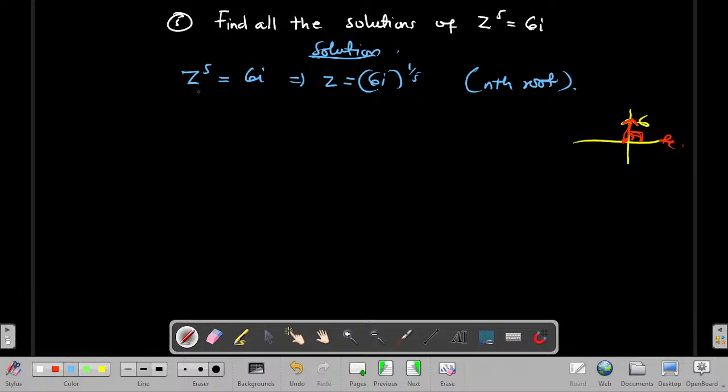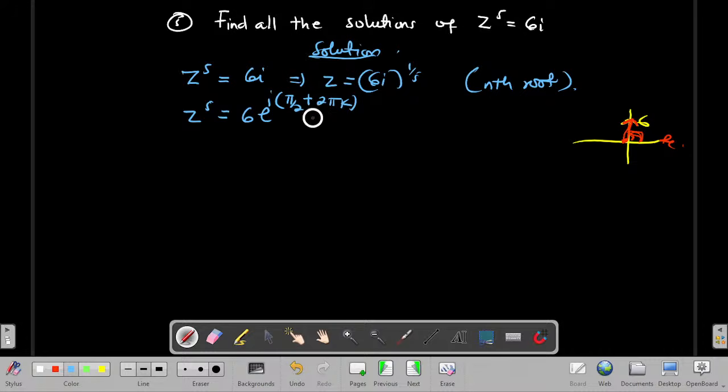So I have z to the power 5 is equal to 6 e to the power i, the angle is 90, so we say pi on 2. But one thing to notice, whenever you've been asked to find the nth root, you apply the extended argument 2 pi k for different revolutions around the Argand diagram.